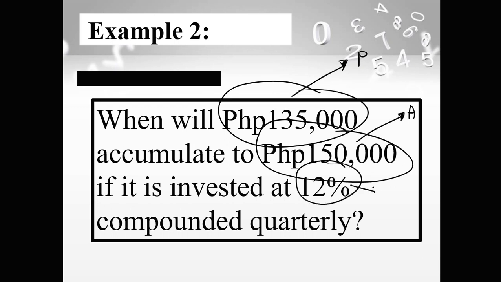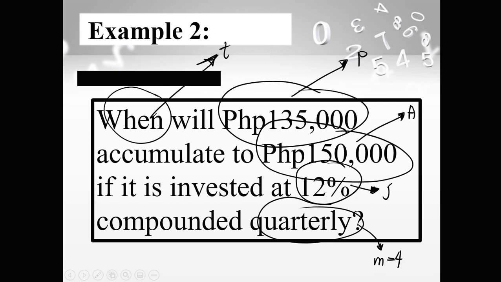And then next, we have the 12%. Ayan, so interest rate for the compound interest, we have the nominal interest rate. And then compounded quarterly. So since it is quarterly, M will be equal to 4. And then the question is when? So we are solving for the time. Okay? So let's write our given.